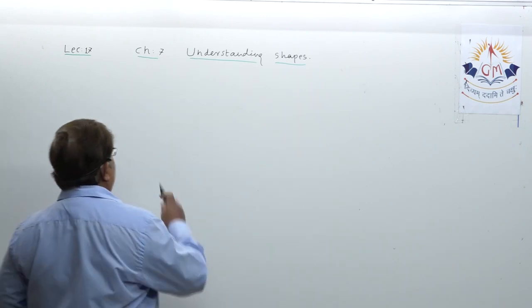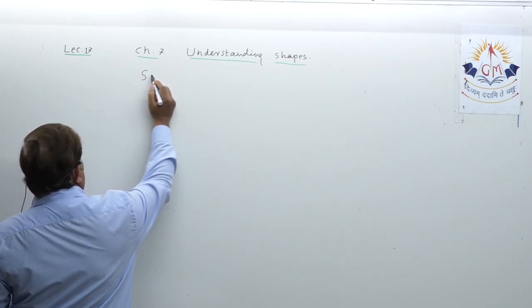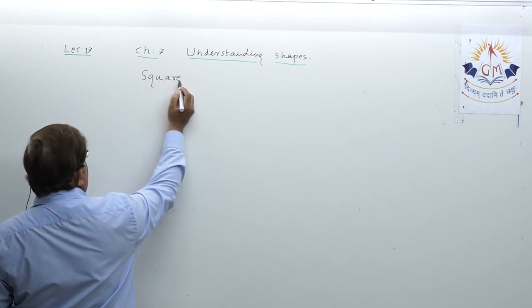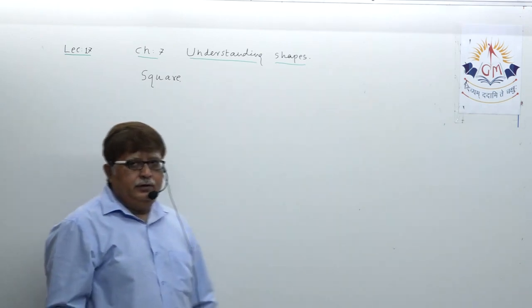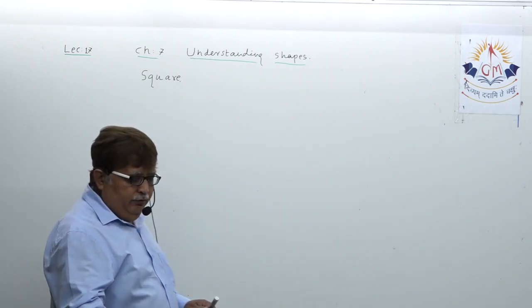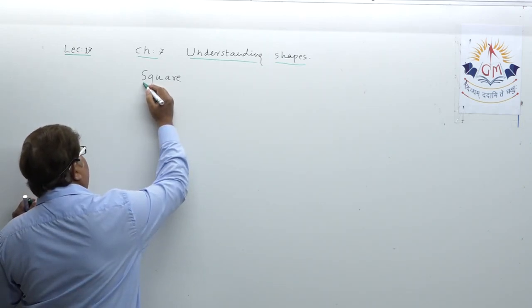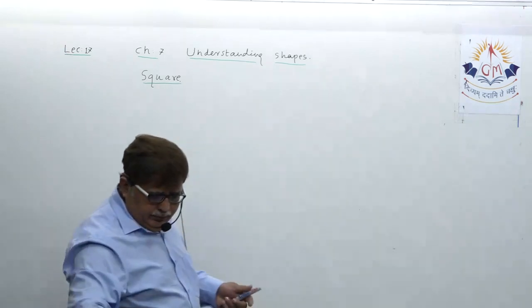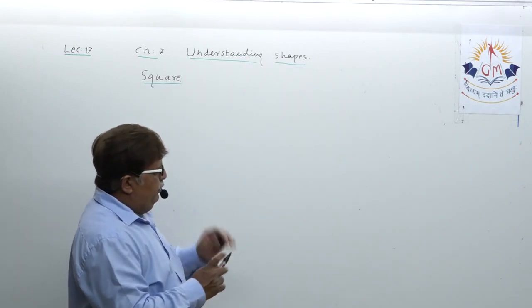How can I define? Our topic of discussion today is quadrilateral square. Okay, how can you define square? With reference to either rectangle or with reference to rhombus. Just take an example, dear student.